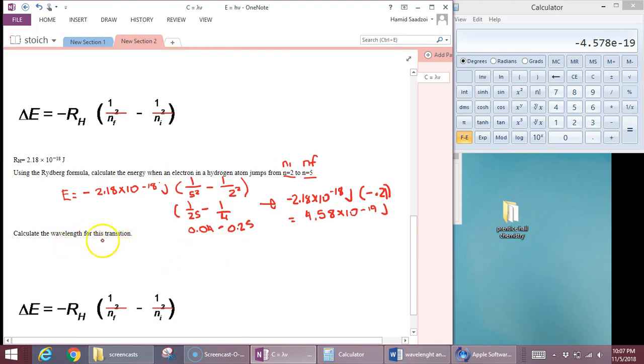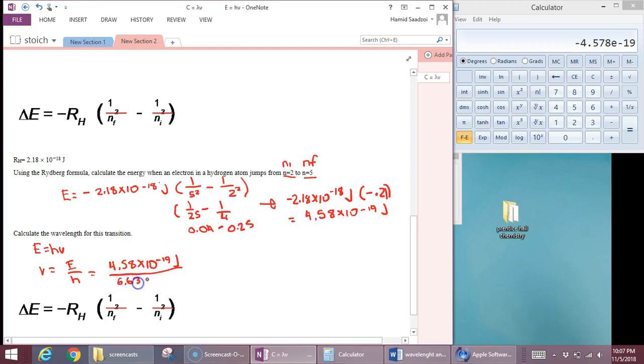Now we want to calculate our wavelength for this. Well, that's going to take a little bit more work because the only formula we know at this point is E equals HV. We have our E, so what we could do is solve for V. So V is equal to E over H. So E, remember, is 4.58 times 10 to negative 19 joules divided by H, which was 6.6.